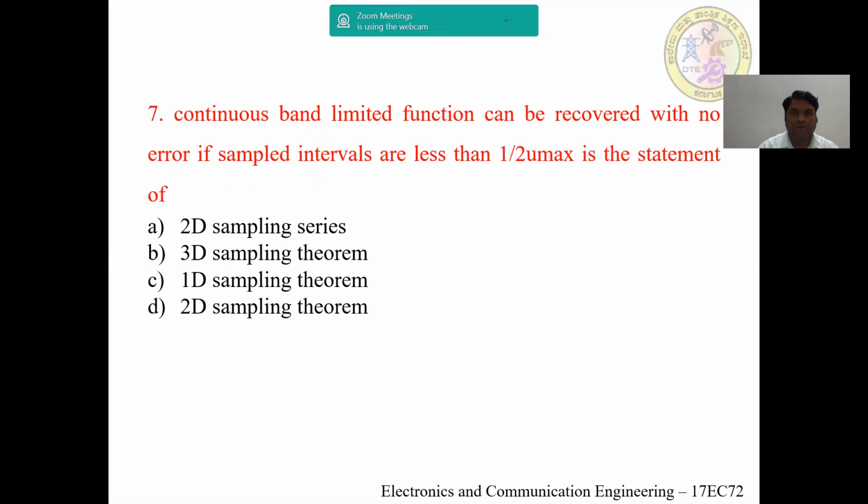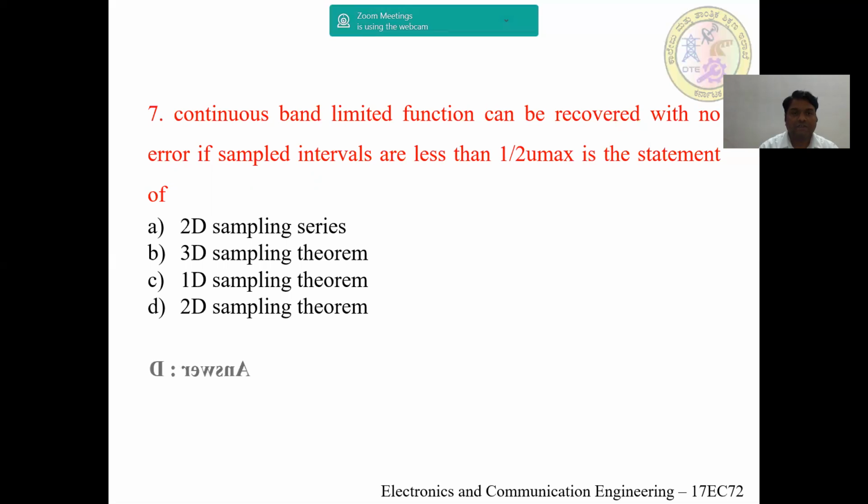Continuous band limited function can be recovered with no error if sampled intervals are less than 1 by 2 mu max is the statement of 2D sampling series, 3D sampling theorem, 1D sampling theorem, 2D sampling theorem.